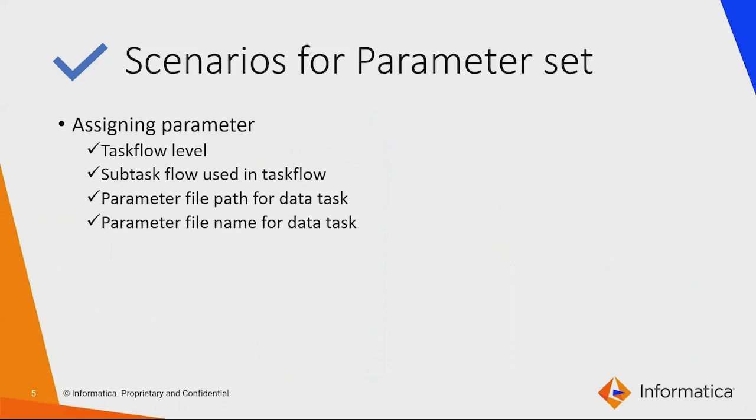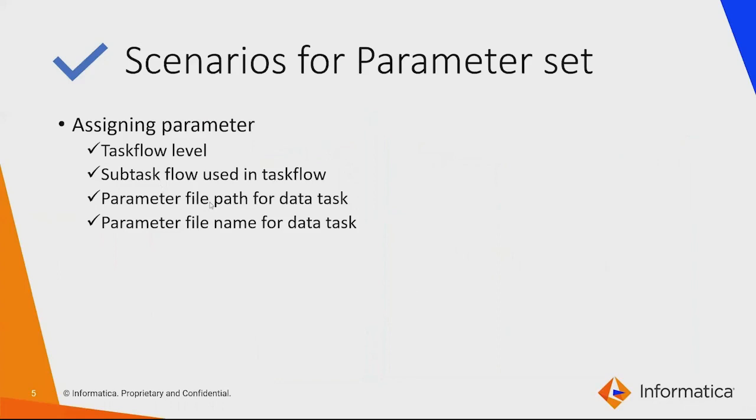And then if you want to assign a parameter file path as well as the parameter file name for any data task, very well, you can provide the path and the file name inside that parameter set, and then you can assign that value to the data task with an assignment task, and then that task will take those values from that parameter set.